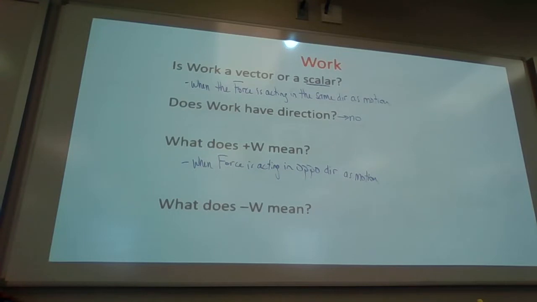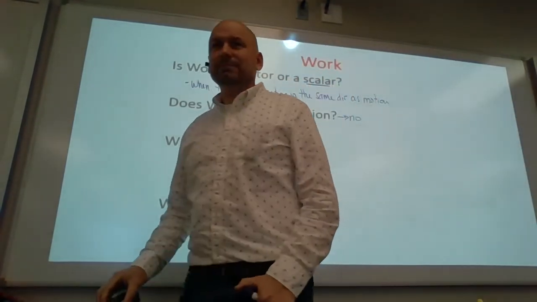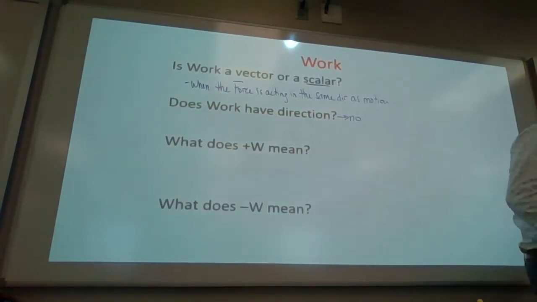Yes, that is true. For the first time in this class, positive and negative do not communicate direction. Okay? Because work is a scalar. That does not make sense at all to me.